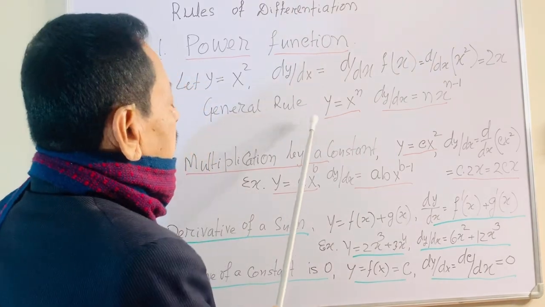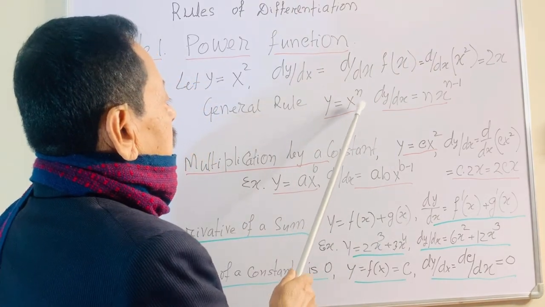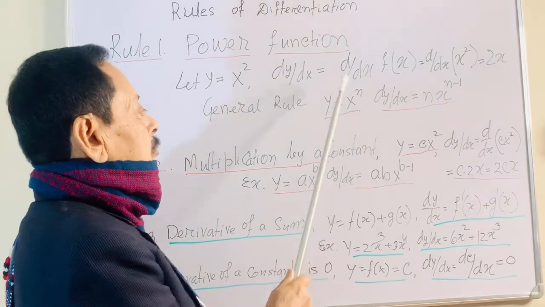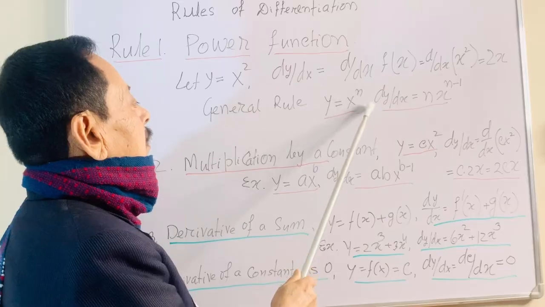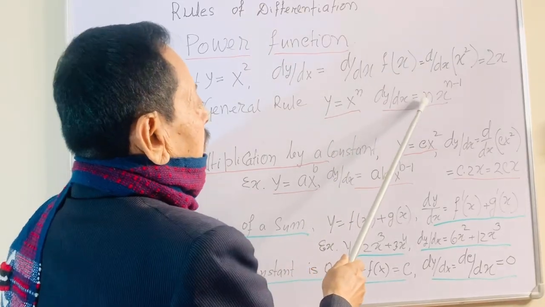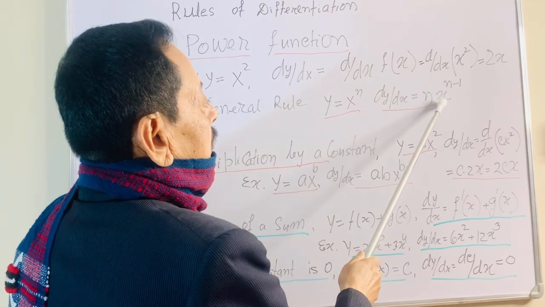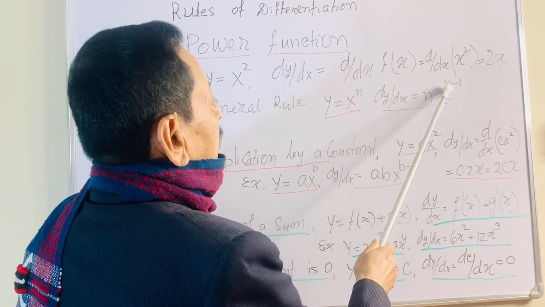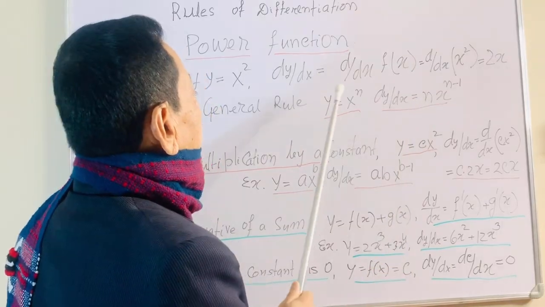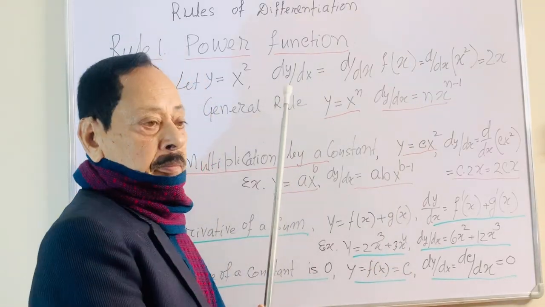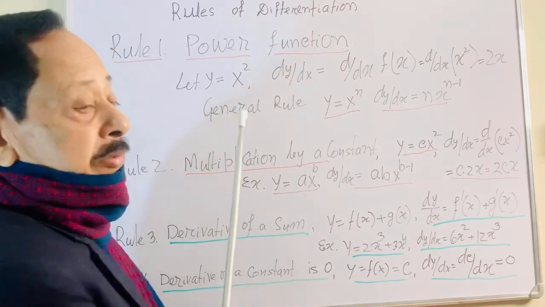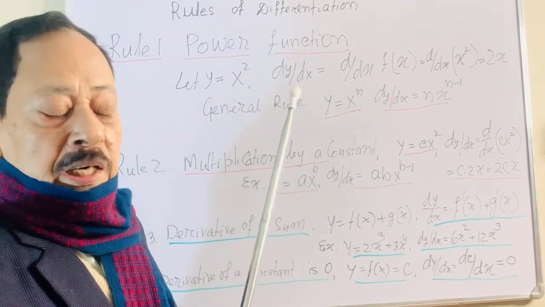And the general rule is that y is equal to x to the power n, suppose any power, may not be 2, 3, 4, whatever it will be, to the power n. So dy by dx is equal to power into the variable to the power minus 1. This is the general rule, and this can be verified by taking the difference quotient, as we have discussed earlier.